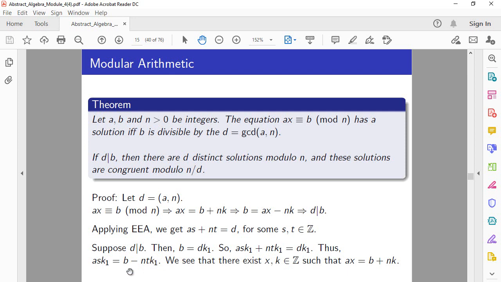And if we do that, we get ax is equal to b plus nk. So we have this equation for some integers x and k. But that simply tells us that ax is congruent to b mod n. And so we have shown that if the GCD of a and n divides b, then ax congruent to b has a solution.